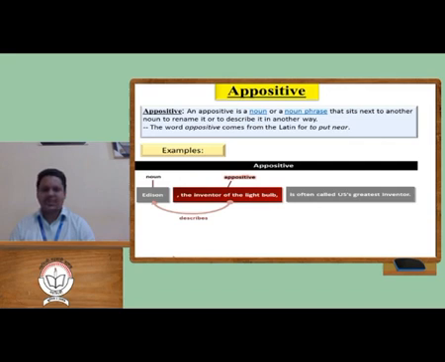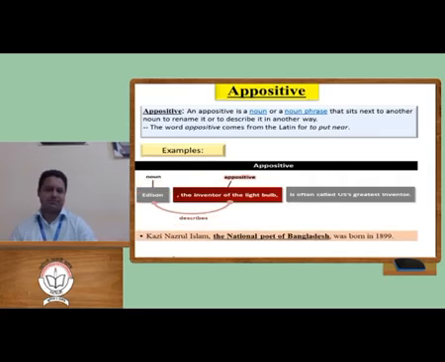It describes the noun Edison and gives a new name to Edison. We know Edison as the inventor of the light bulb. So the inventor of the light bulb is a noun phrase but acts as an appositive.